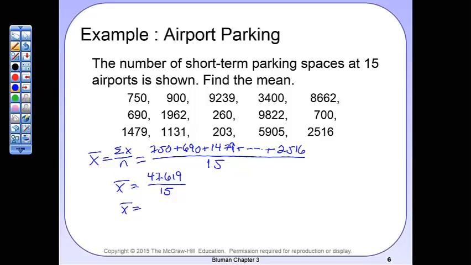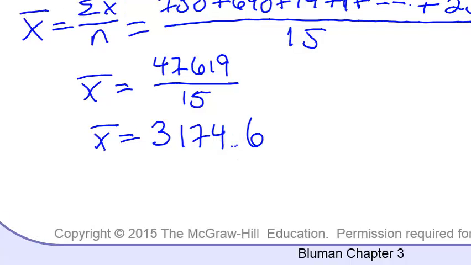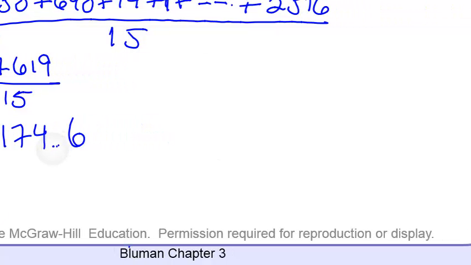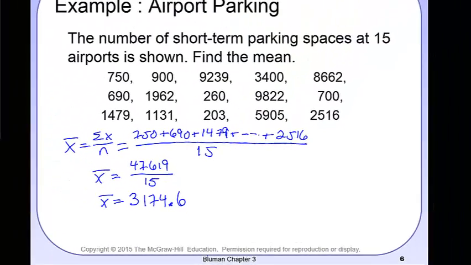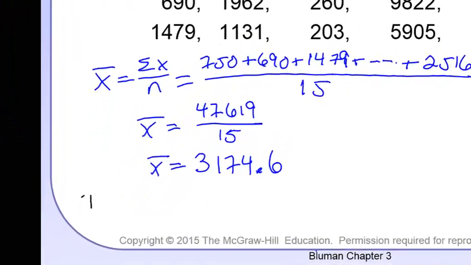And I get that on average there are 3,174.6. So the mean number of short-term parking places at airports is 3,174.6 spots. And we would always want to write this out in a sentence.